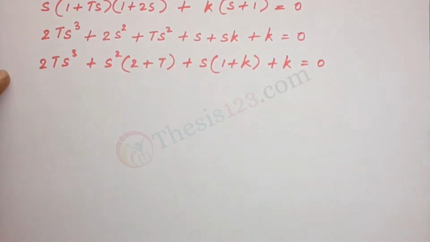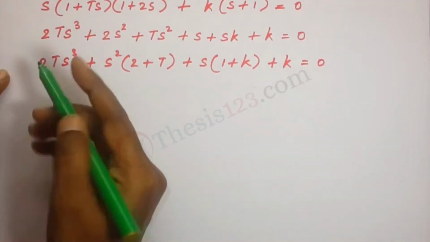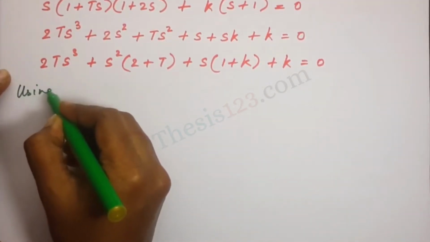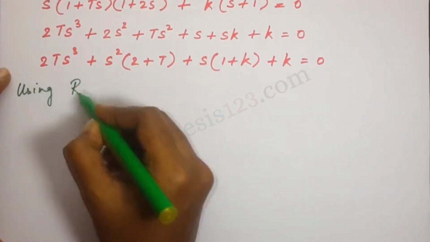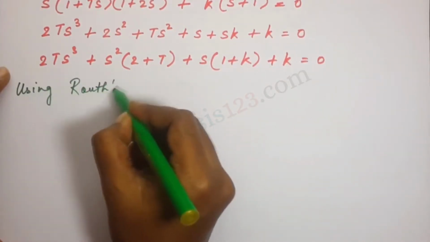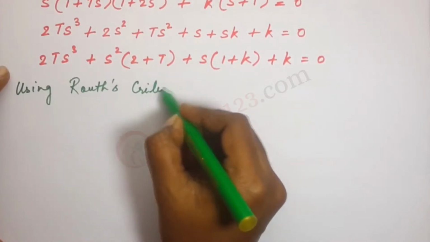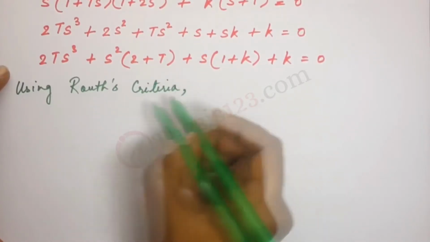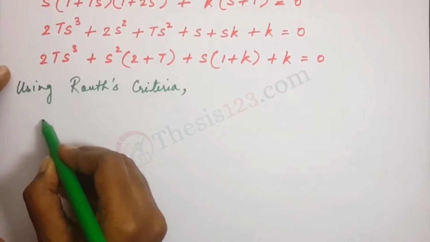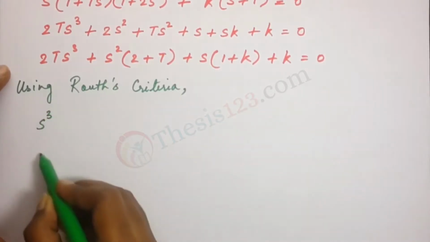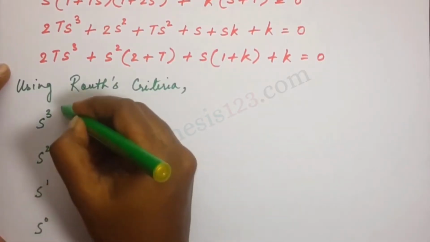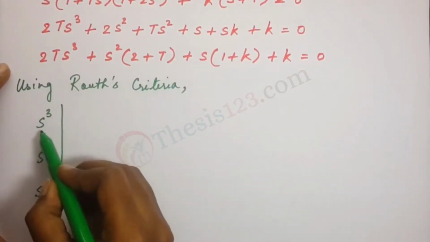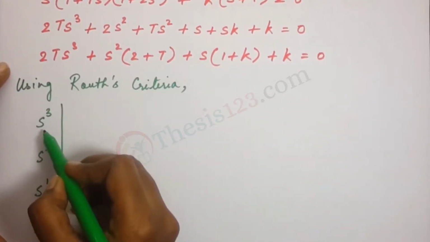So we're going to use Routh's criteria. We put down the powers of s here, s cube, s square, s1 and s0, and then we start with the table, the Routh's criteria table.